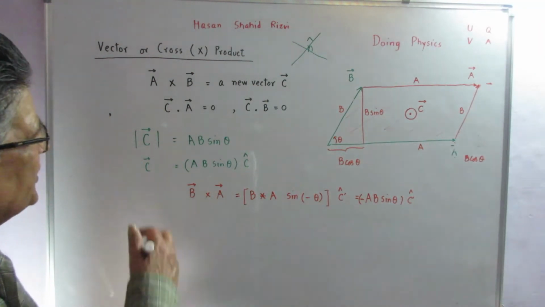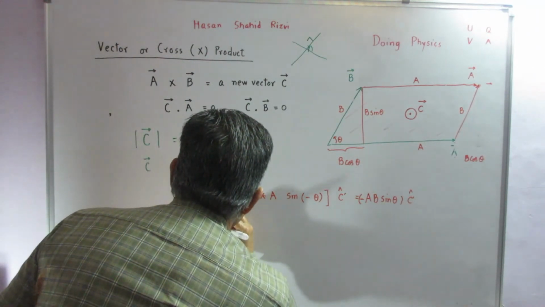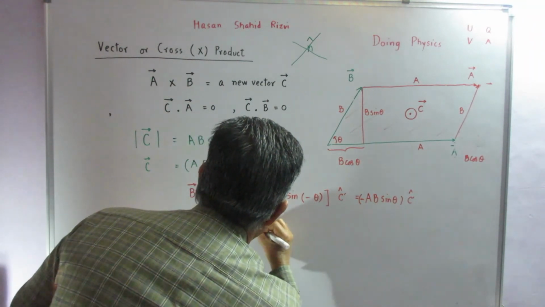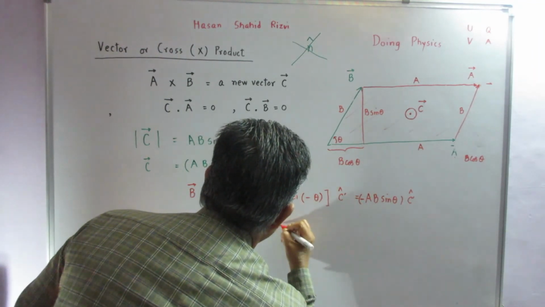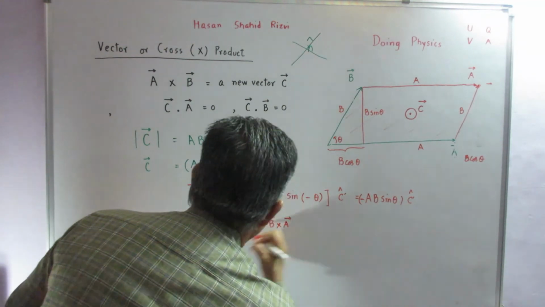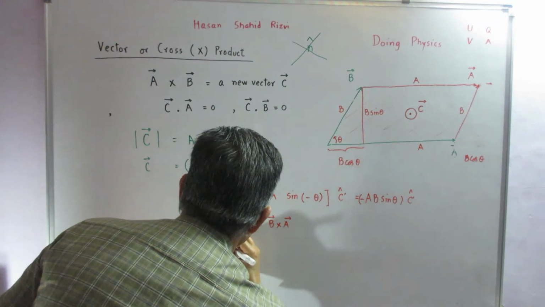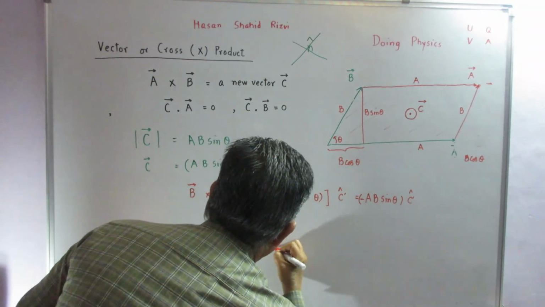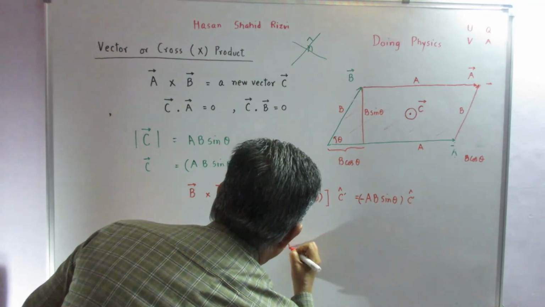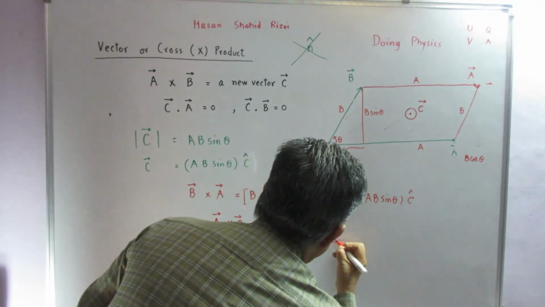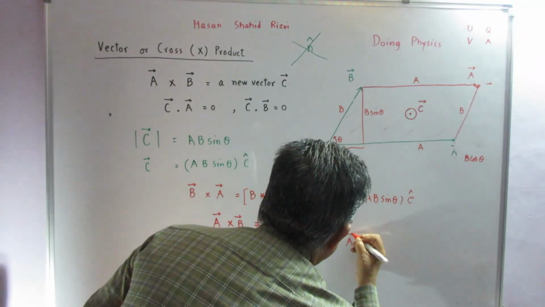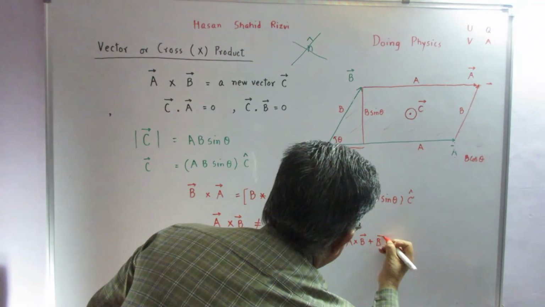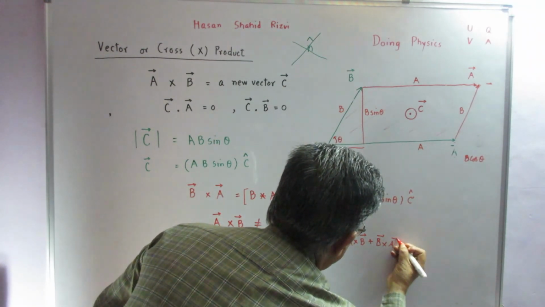So what I go for is that A cross B is not equal to B cross A. Instead I have A cross B equal to minus B cross A, or simply I can write that A cross B plus B cross A is equal to 0.